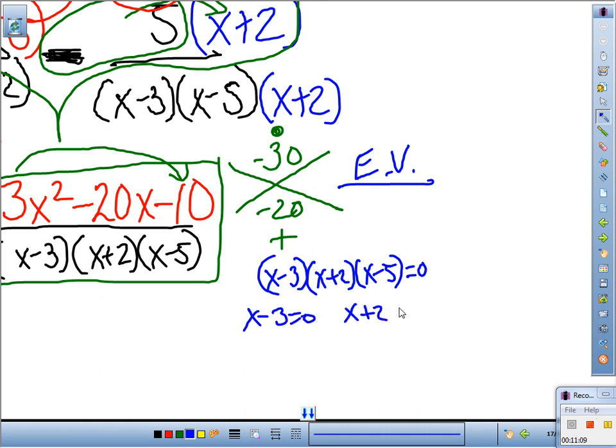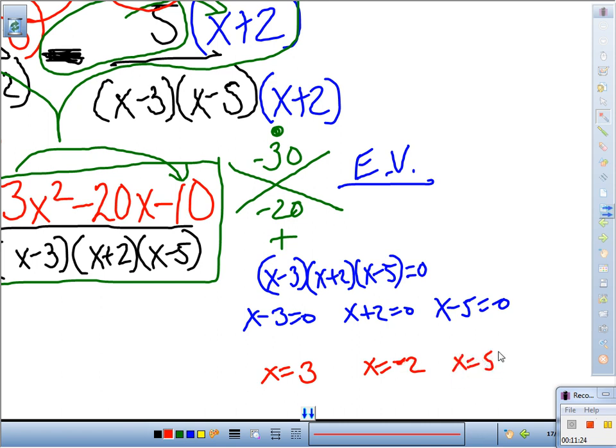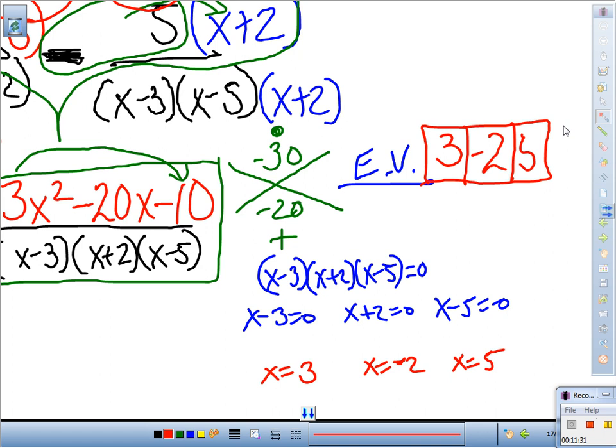X plus 2 equal to 0. And x minus 5 equal to 0. So if you add and subtract and so on, this one is 3, this one is negative 2, and this one is positive 5. So my excluded values are 3, negative 2, and 5.